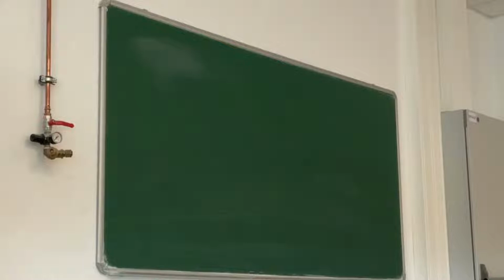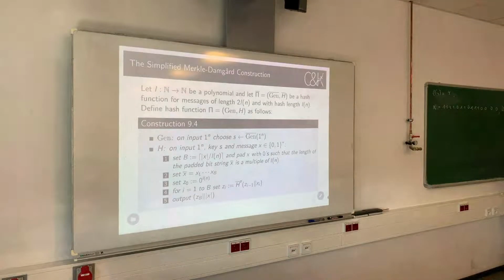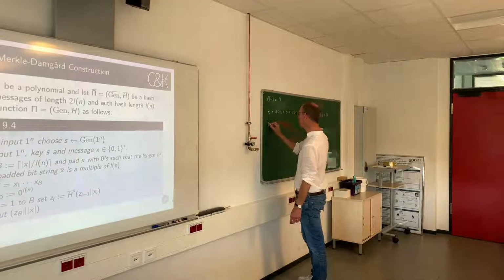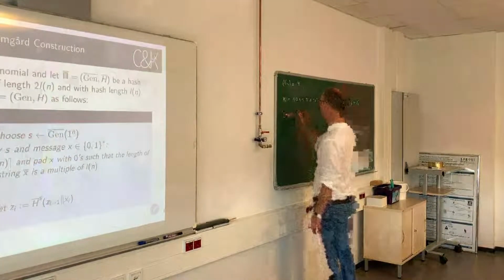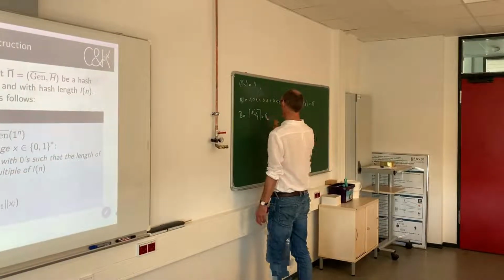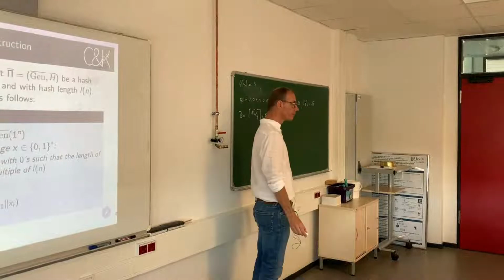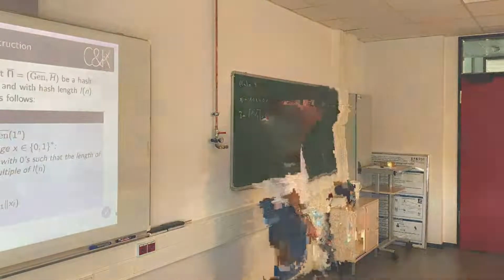The length of x is 1, 2, 3, 4, 5, 6, 7, 8, 9, 10, 11, 12, 13, 14, 15. So b in this case is 15 divided by 4, rounded up, which is 4.